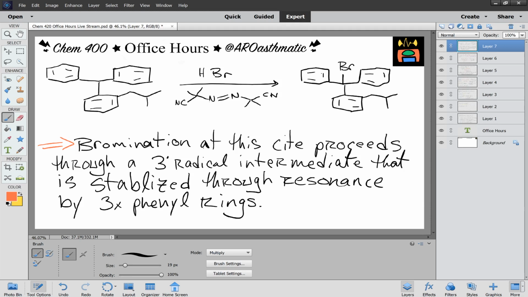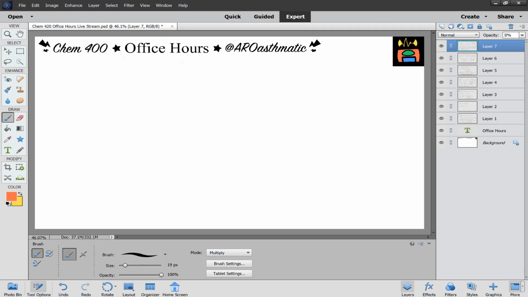What is a benzene ring? That is a great question. Oh, dude, no worries. So benzene is the following molecule.